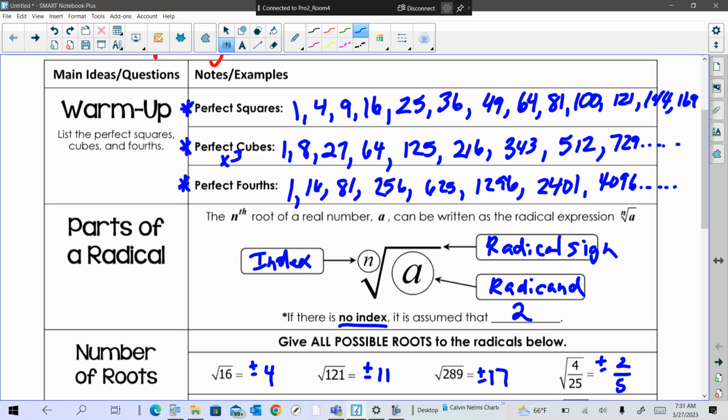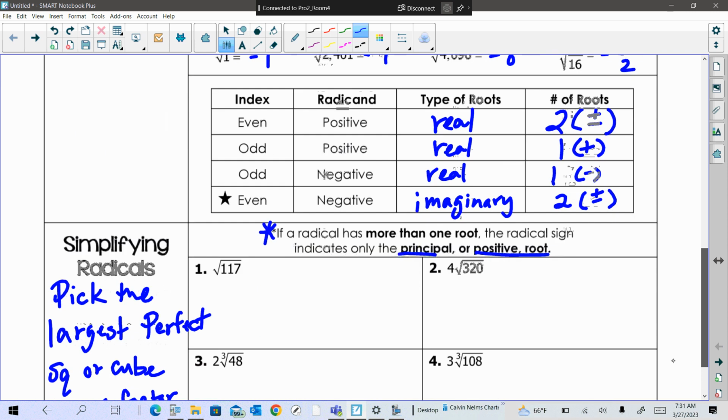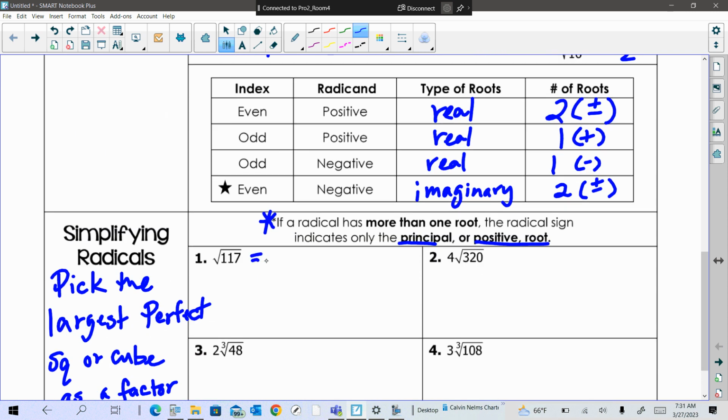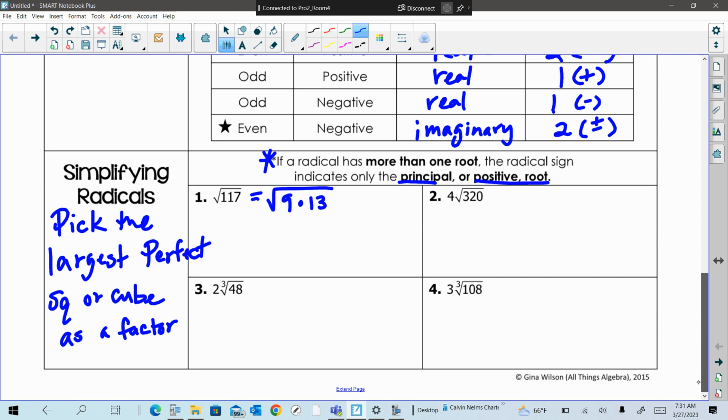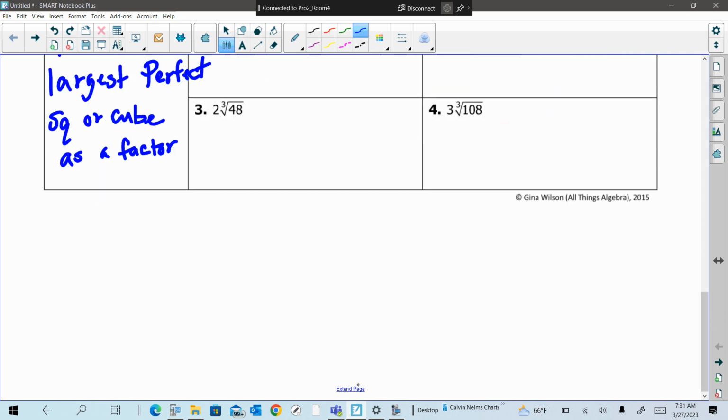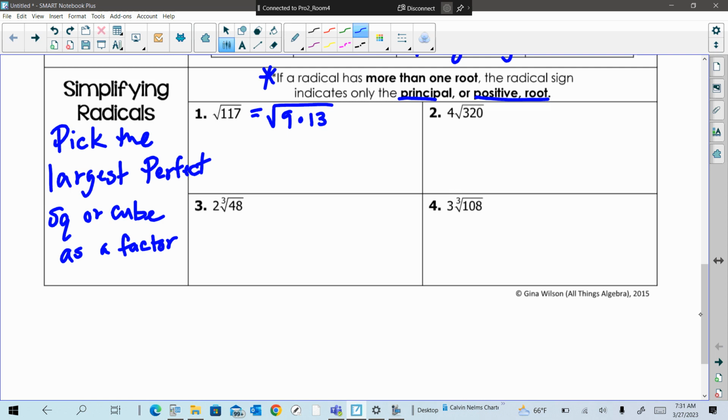So the way this gets broken down is I tend to write my factors that I'm picking underneath the radical. I know 9 times 13 gives me 117. Excuse me?